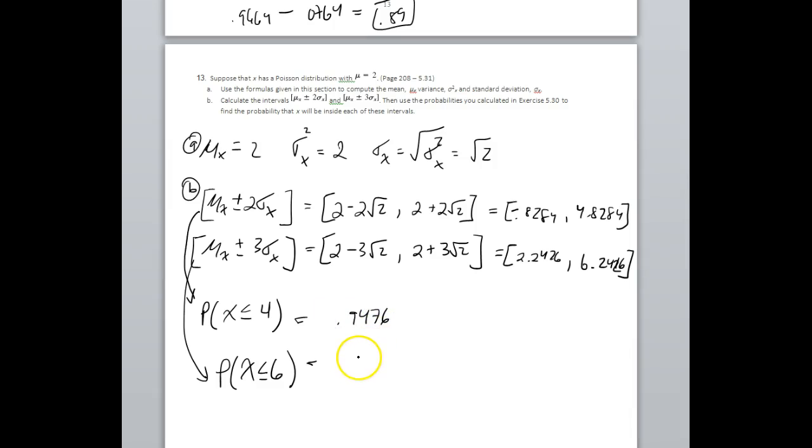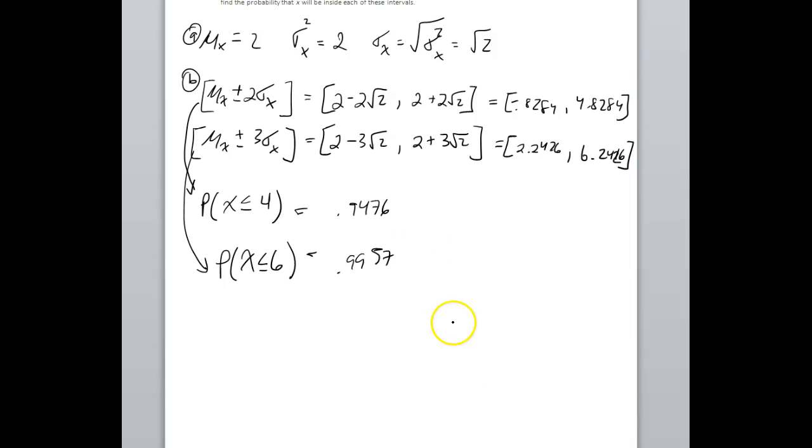Okay, and again, that would just be, for x less than or equal to 4, 1 minus the probability of x equal 4, minus probability of x equal 3, minus probability of x equal 2, 1, and 0. Okay? And then similarly, 1 minus the probability of x equals 6, x equal 5, x equal 4, all the way on down to 0. Okay, let's move on to 14.